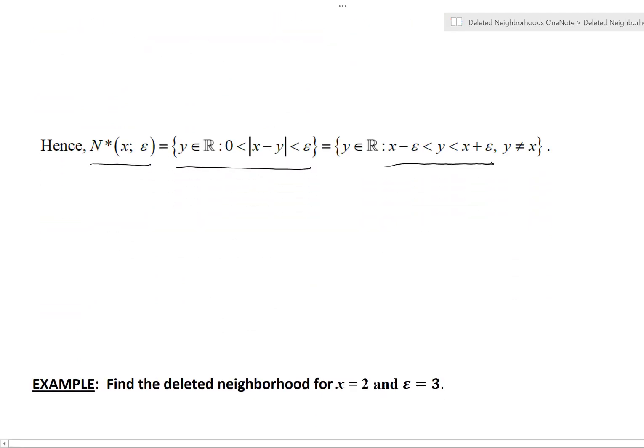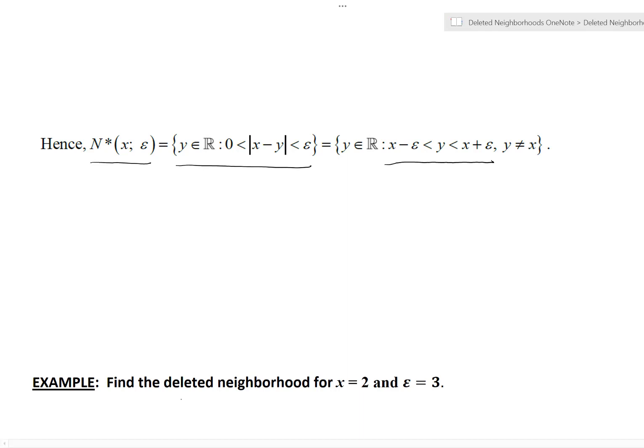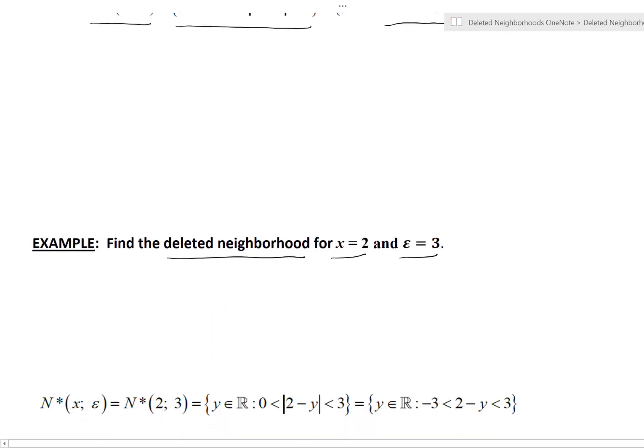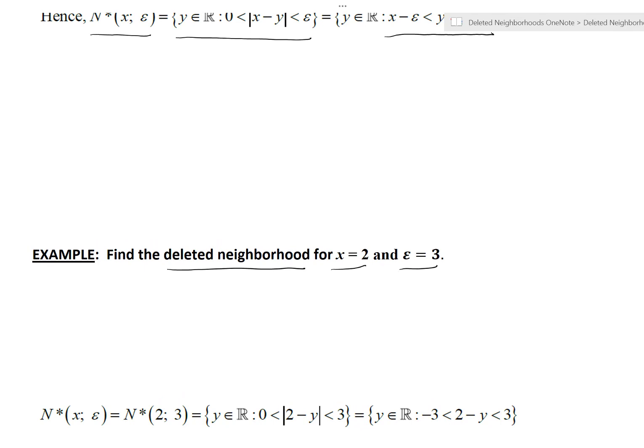Let's look at an example. Let's find the deleted neighborhood when x is 2 and epsilon is 3. We'll do it by just starting with what we know, and that is, in this case, the deleted neighborhood we're looking for is about x is 2 with a radius of epsilon is 3.